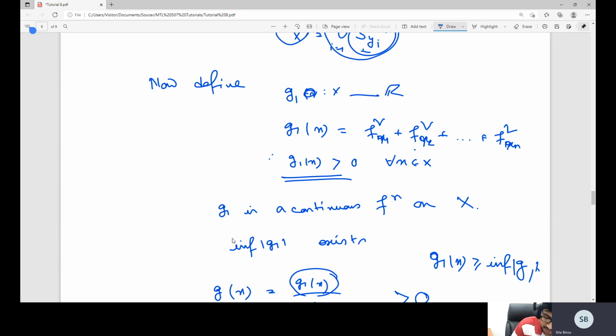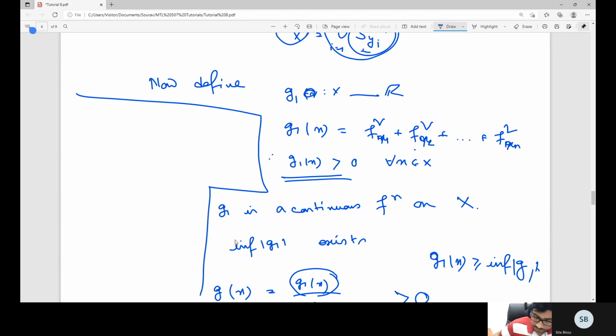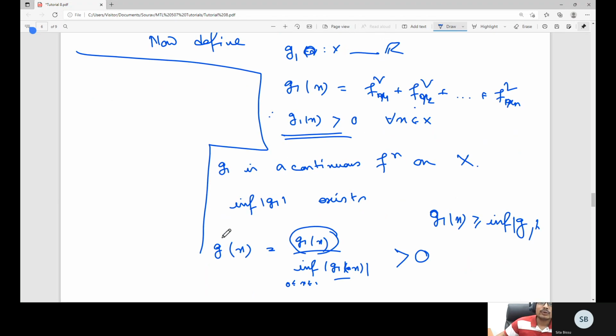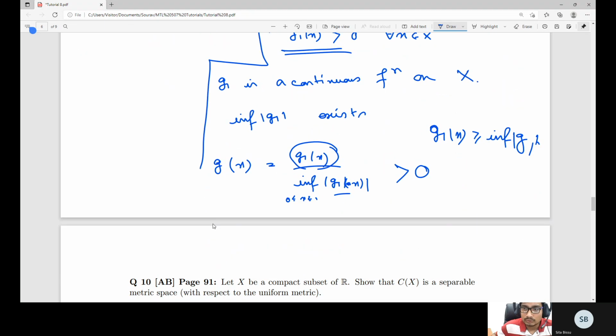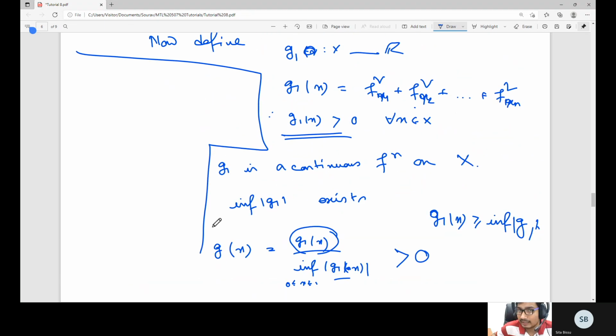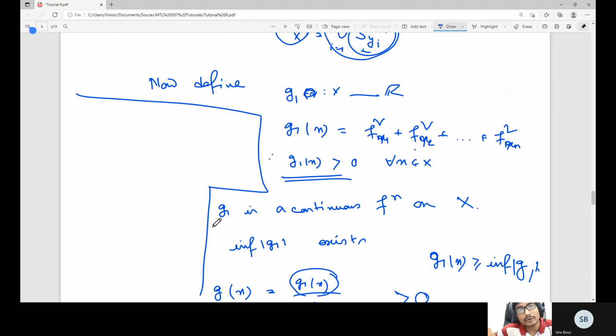Now, what will we do? Using this g1, we will construct a sequence from A closure which converges to 1. And since A closure is closed, therefore 1 will be in A closure. So what we will have? A closure is an algebra which separates the points of X and contains the constant functions.